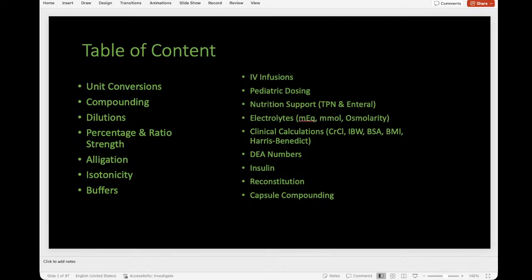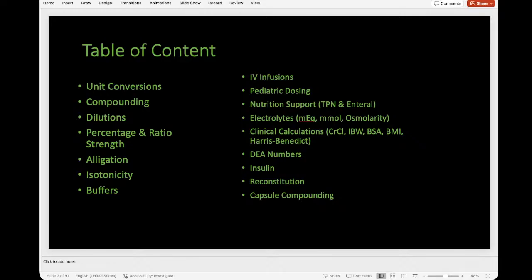There will be some questions in pharmacy calculations related to electrolytes, which involves milliequivalents, millimoles, osmolarity. So it's important to understand those differences, how they're used in pharmacy calculations, and being able to solve them. The other part is some clinical calculations.